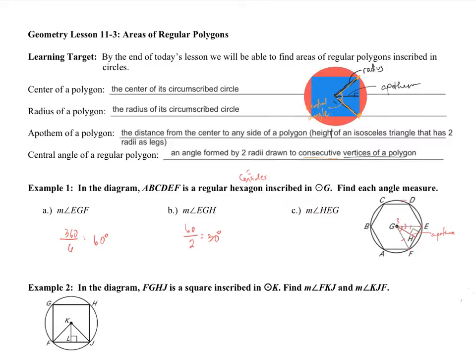If this is 30 degrees, then this must be 60 degrees, because I know that the apothem will hit the opposite side and form a right angle. So to show my work, I could do 180 degrees minus 30 degrees minus 90 degrees, which is 60 degrees.